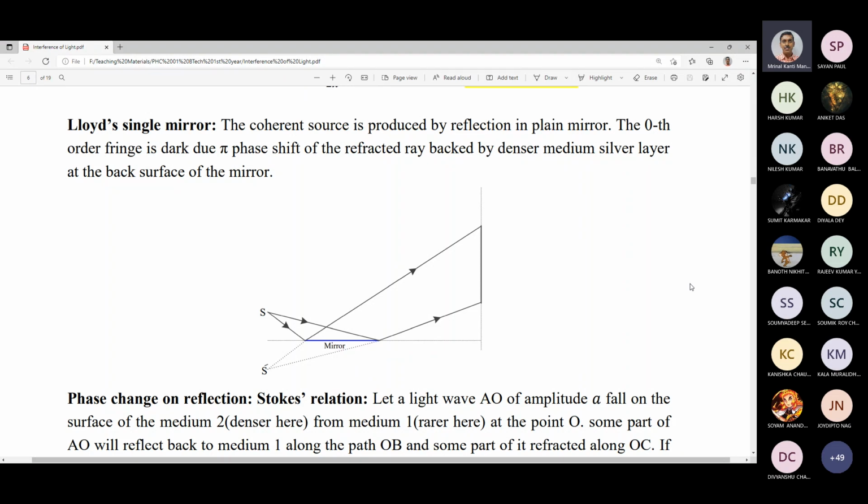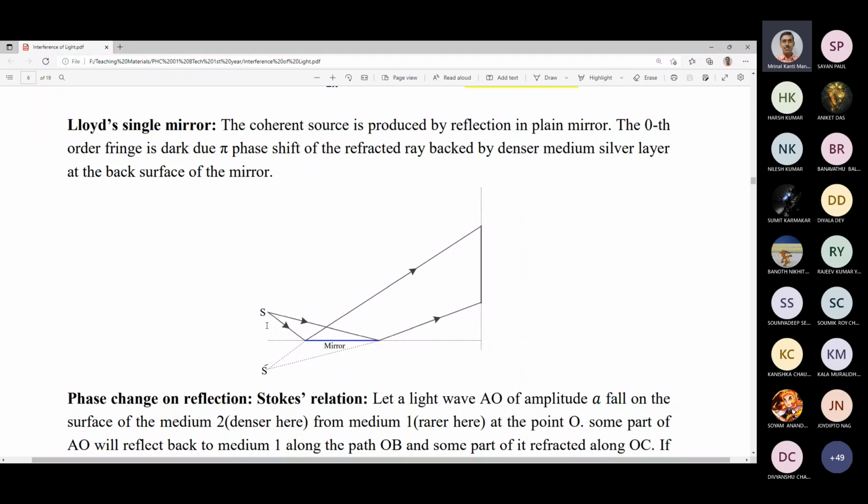So actually in Lloyd's mirror experiment, the source is present at a certain height from the plane of the mirror. Now this is the mirror, plane mirror, and this is the plane of the mirror, and above that the source is present. Now this separation we can consider d by 2, small d by 2.